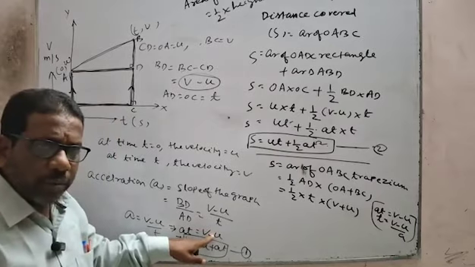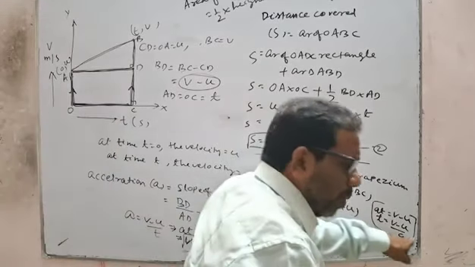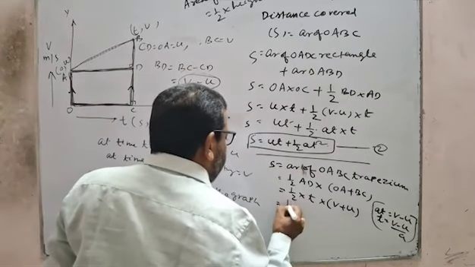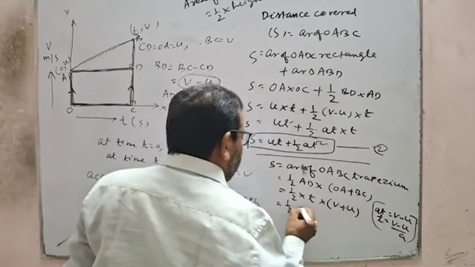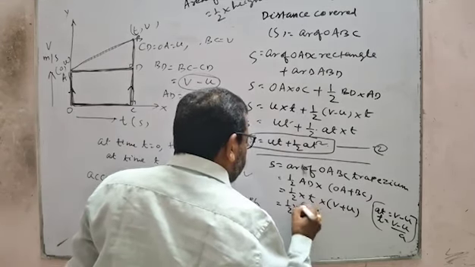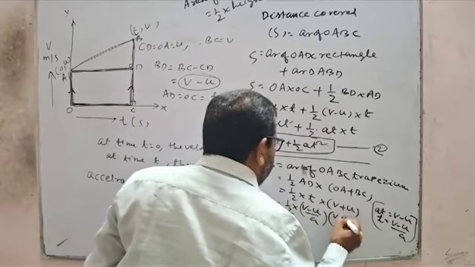If we put the value of t in this equation, we get v minus u by a into v plus u.